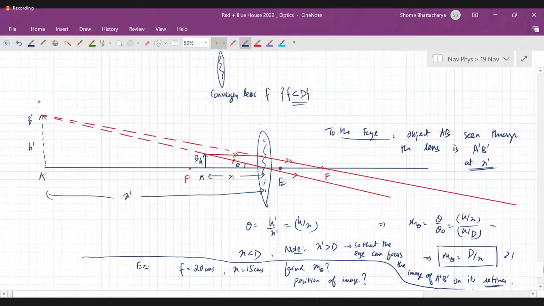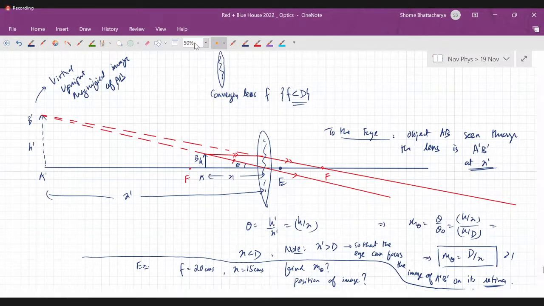So that A prime B prime here is the virtual upright magnified image of AB. So x is less than d, but that doesn't cause a problem for the eye because the eye is not seeing AB. The eye is seeing its image A prime B prime, which is at x prime, which will be greater than d.